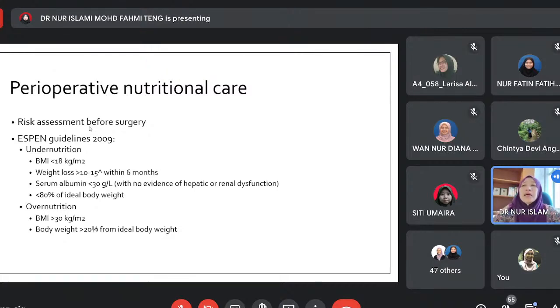Okay. So this is the ESPEN guideline from 2009 about undernutrition.